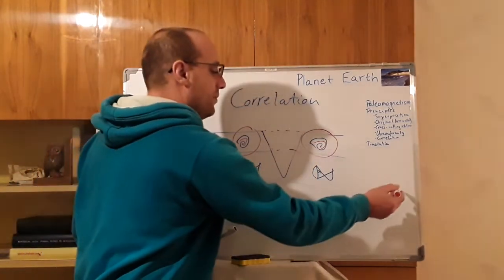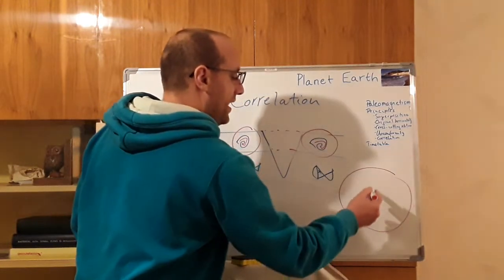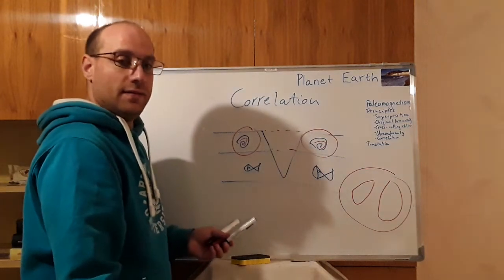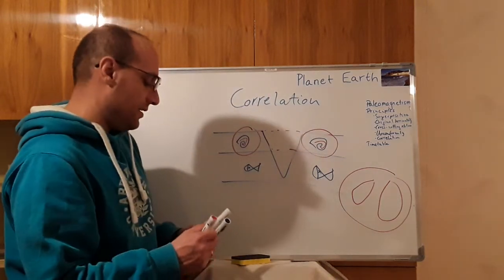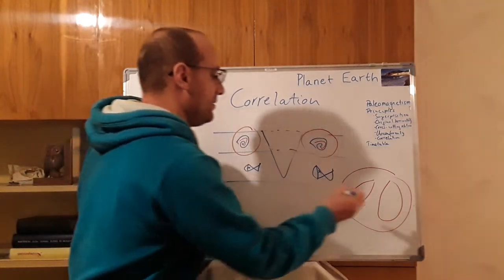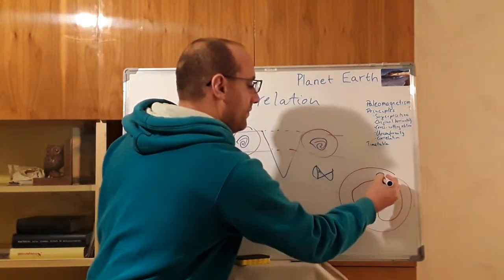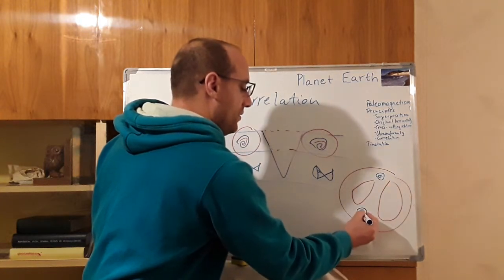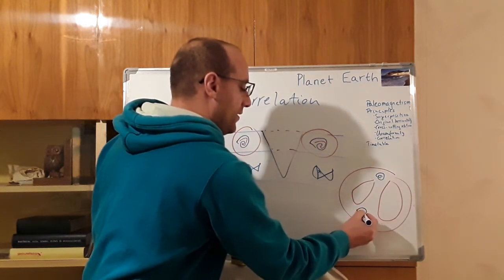Now we can also think about how the planet looked in the past. We have these different continents, Pangea, whatever, and in certain parts of the planet we found similar fossils.